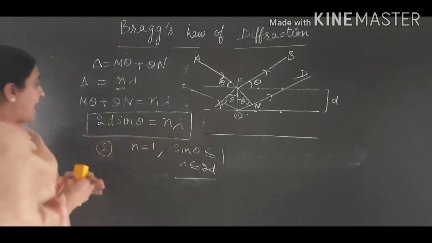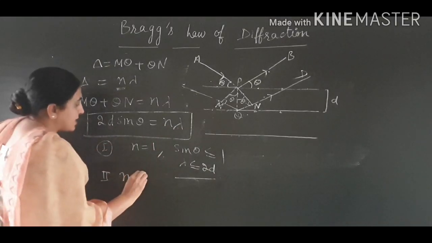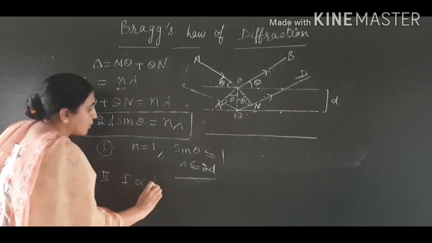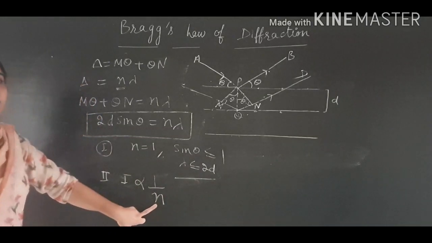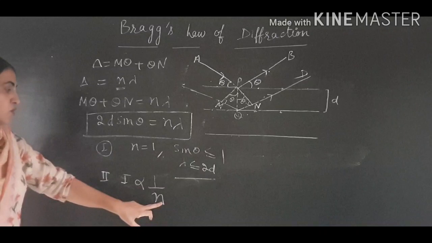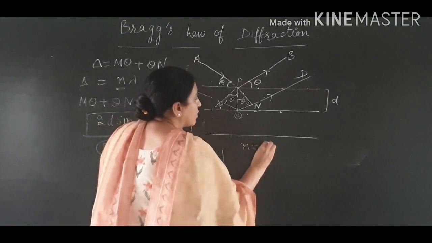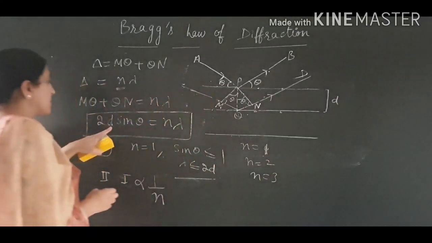This point is very important: intensity is inversely proportional to 1 over n, where n is the order of reflection. So take n equal to 0, n equal to 1, n equal to 2, n equal to 3.